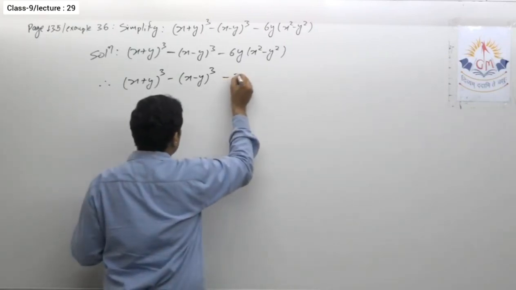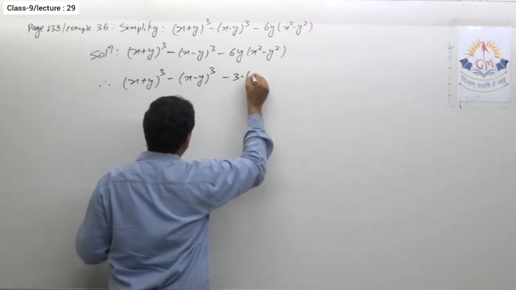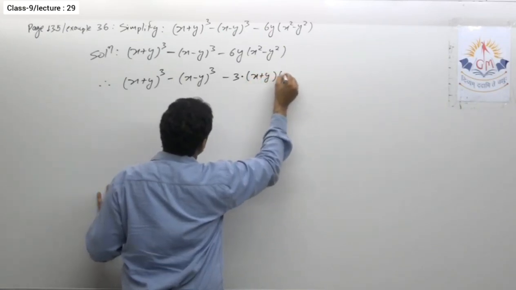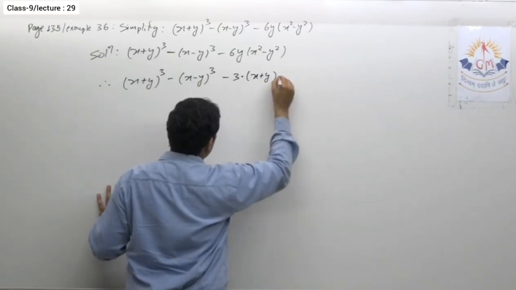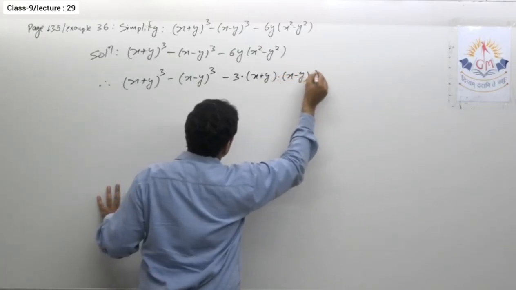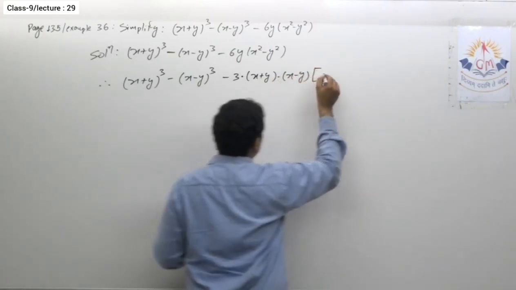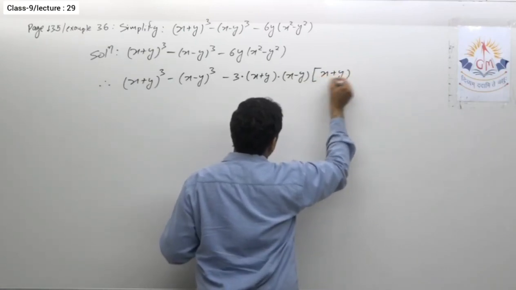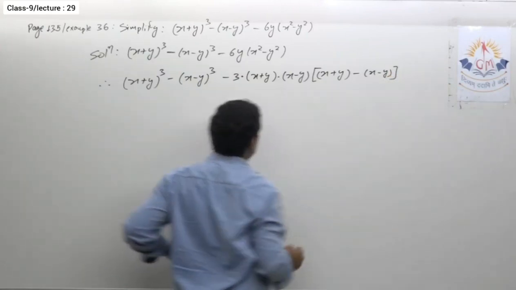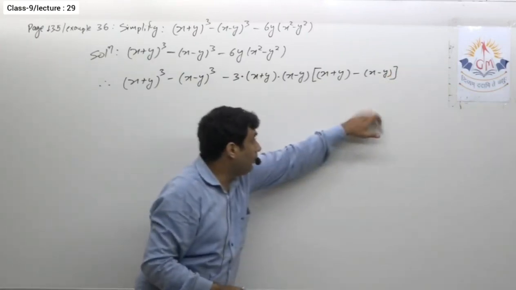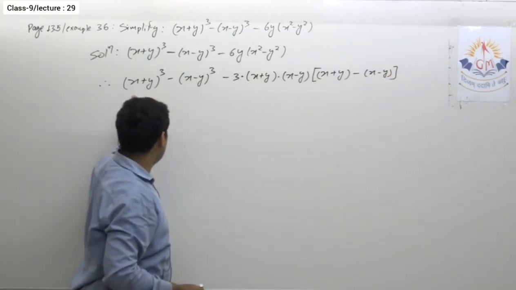So, minus 3 into a into b, isn't it? Minus 3 into a into b, then (a minus b), that is (x plus y) minus (x minus y). Again, I wrote all this just according to this identity.